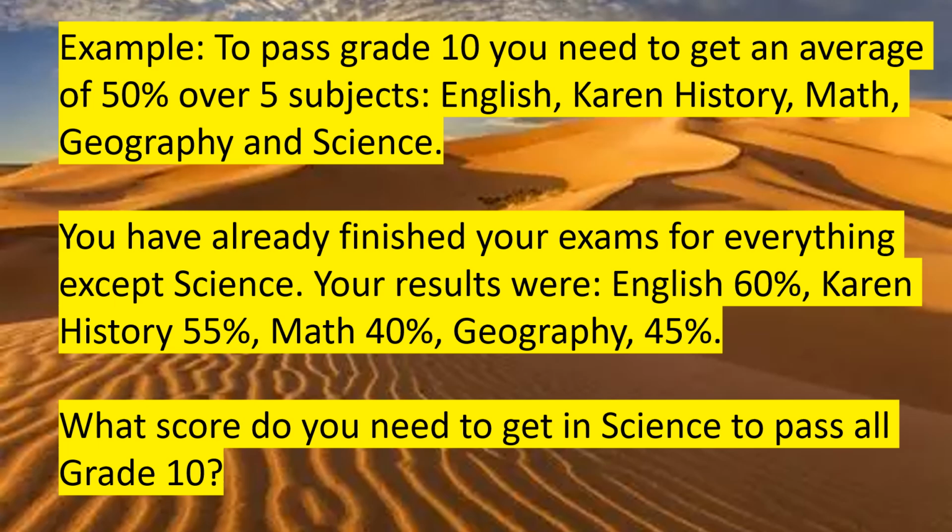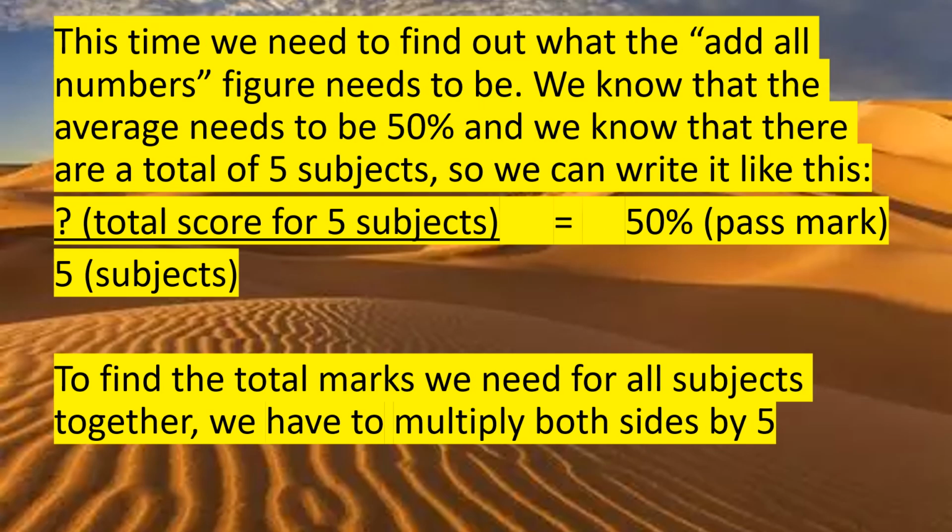Okay, you need 50% to pass grade 10. So it is saying, what score do you need to get in science to get a 50% average? And I'm going to go on now. So this time we need to find out what the total figure needs to be.